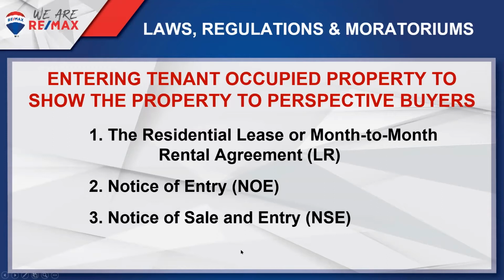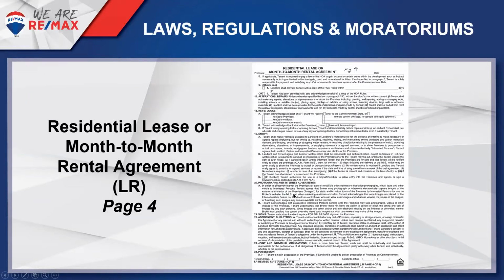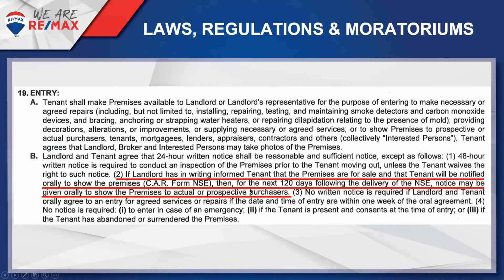So there's another form that you can use to show the property, and that's the notice of sale and entry, the NSE. And so looking again at the residential lease, it provides for the use of the NSE.